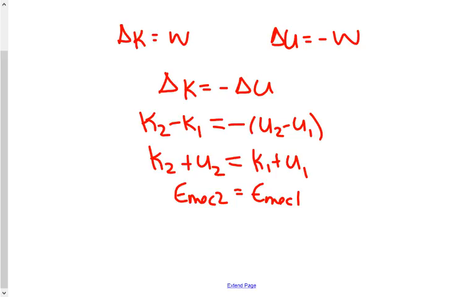So even though the energy can flow back and forth between kinetic energy and different kinds of potential energy, the total mechanical energy of the system is going to stay the same.